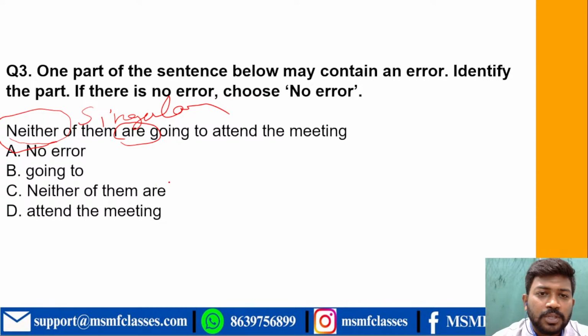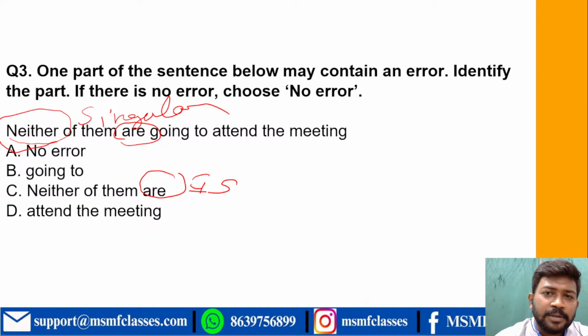Instead of are we should use is. So, neither of them is going to attend the meeting. Always remember, whenever we are using neither, especially neither and either, it must be considered singular. Then you should go with a singular verb and give is as the answer.